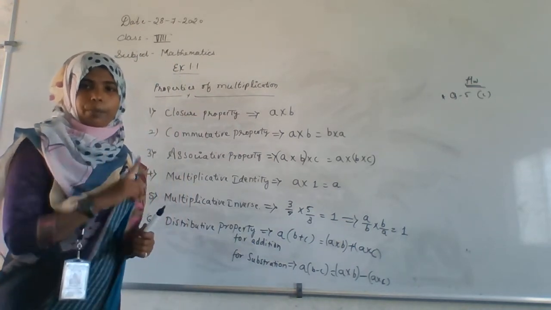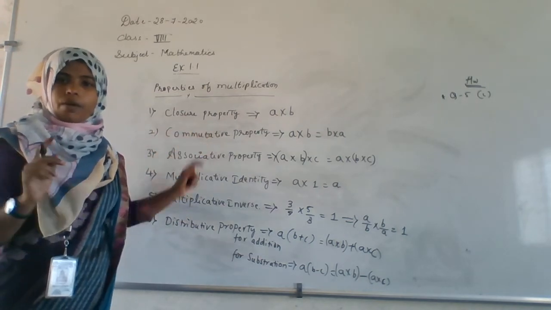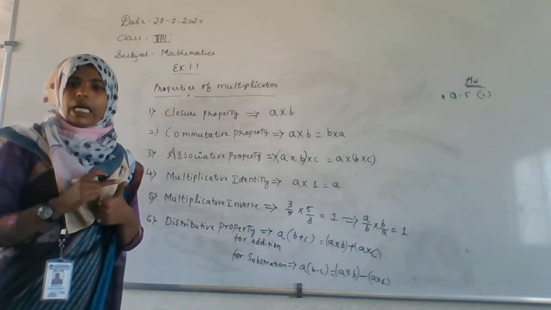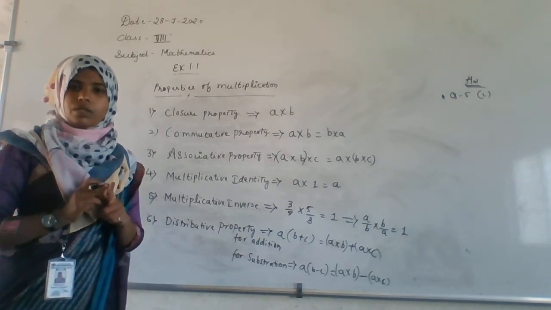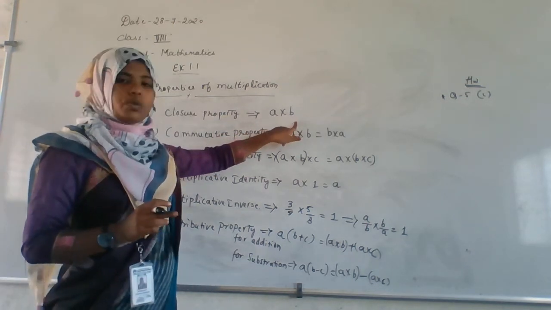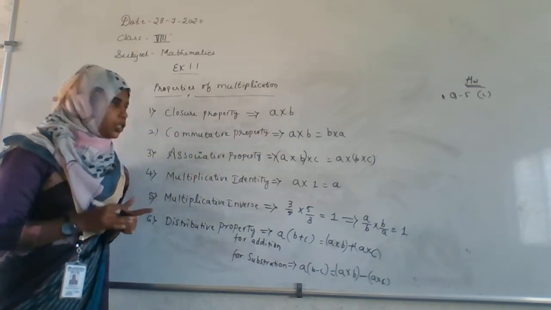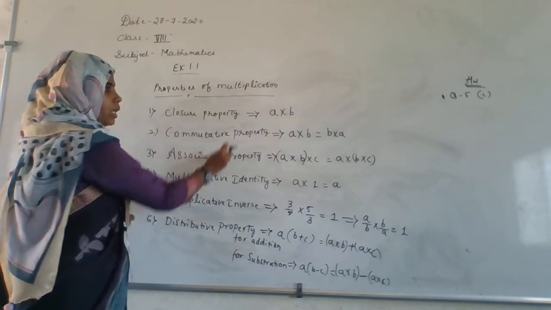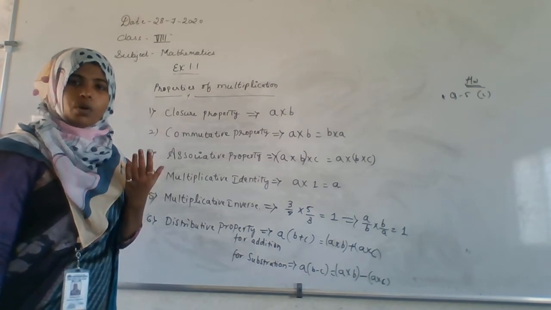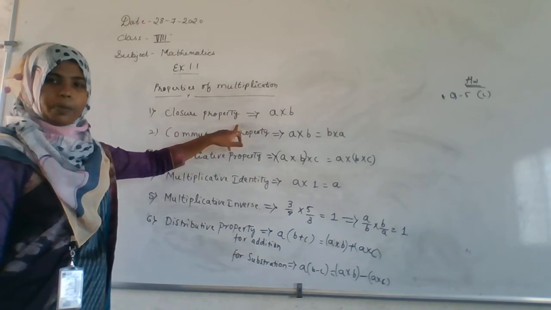Okay, these are the properties for multiplication. The first one is the closure property, which has a similar form: for addition it is A plus B, for subtraction it is A minus B, and for multiplication it is A into B. If we multiply any two rational numbers, then again we get one more rational number, that is our closure property.